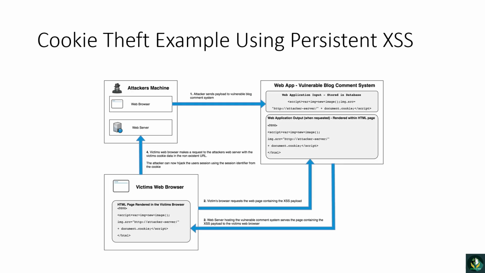The web server serves the page containing the XSS payload to the victim's web browser. The victim's web browser executes the JavaScript payload, and a request to load an image containing the victim cookie data is made to the attacker's web server. The attacker now has the victim session identifier, allowing the attacker to perform session hijacking.